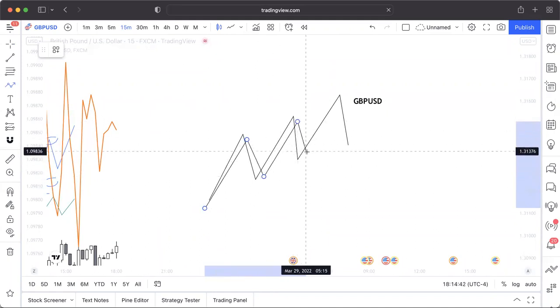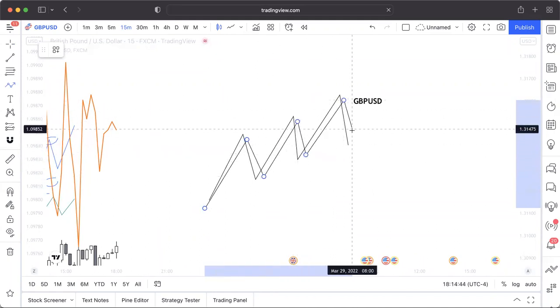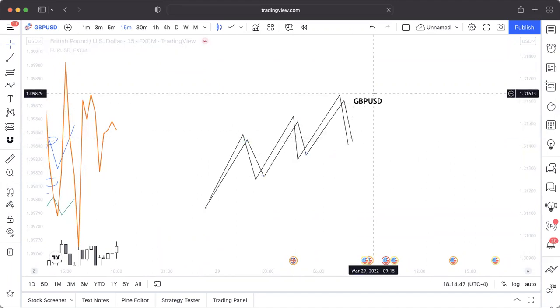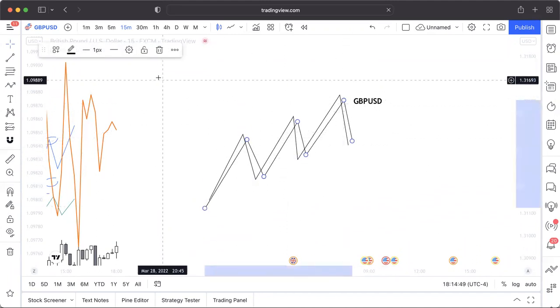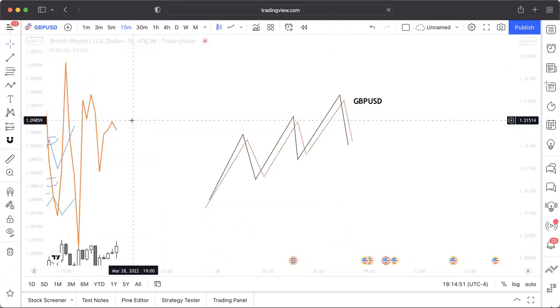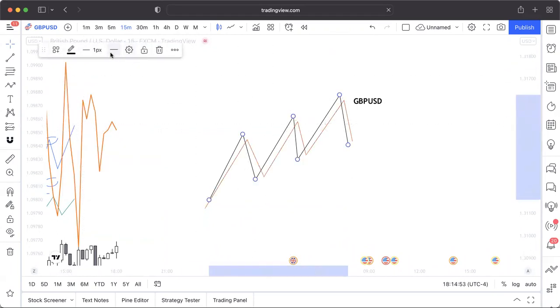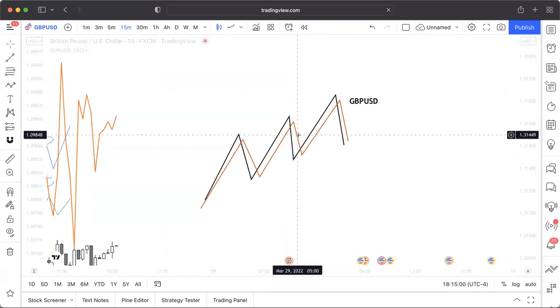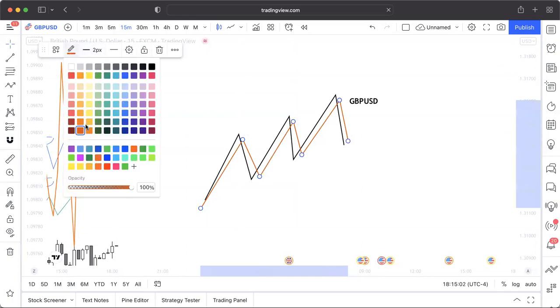So it's obviously moving in the same direction. It's not like DXY. When that one is opposite, now you will see the same. Let's make it a little bit thicker, this one too, and just make it more visible.